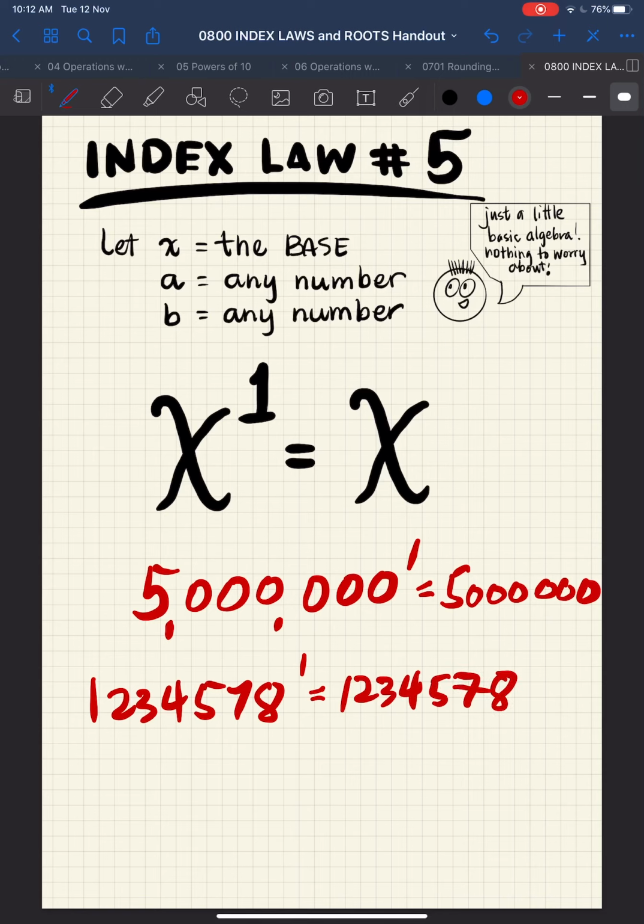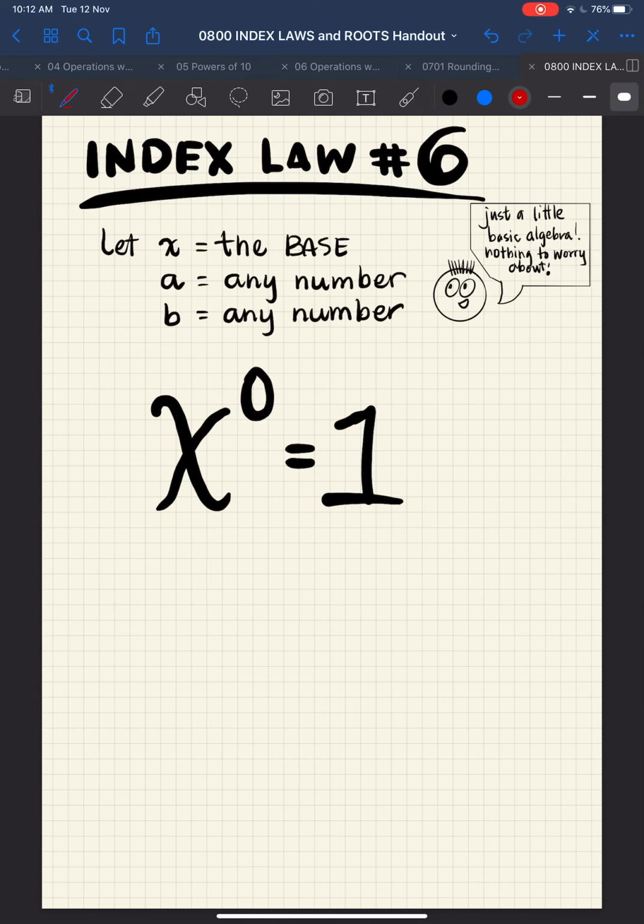Very simple, index law number 5. Which brings us to index law number 6, even more simple: any number raised to the 0 power is equal to 1.